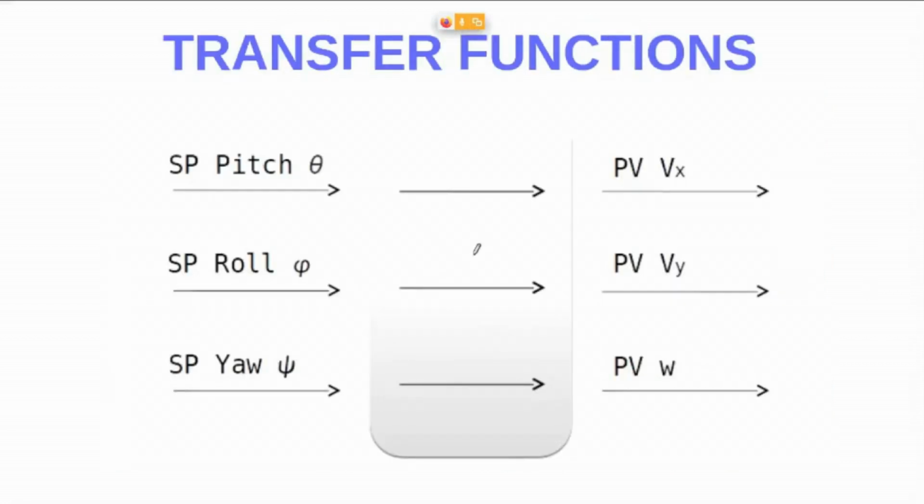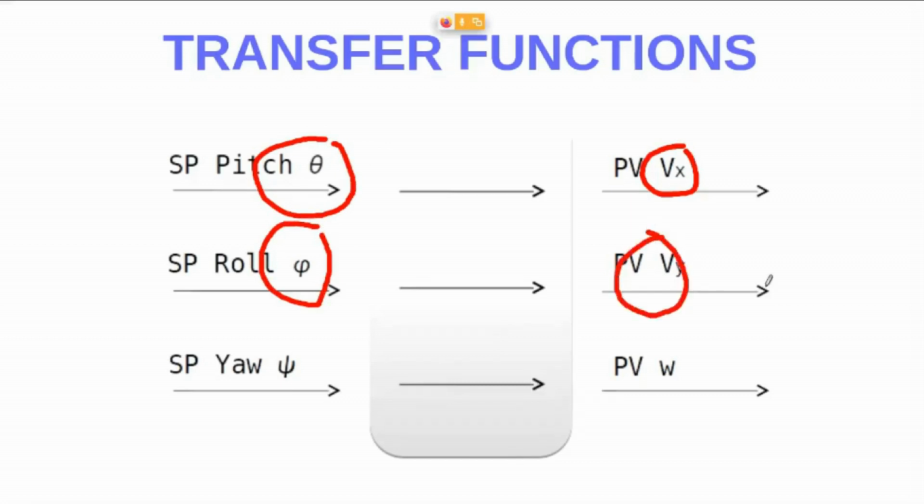So, which transfer functions are we expected to find? First of all, the relationship between the linear speed in the front axis with the pitch angle, the roll angle, and the side speed, the Y speed, okay? And then we will change the yaw, and we will see what happens with the angular speed of the aircraft.